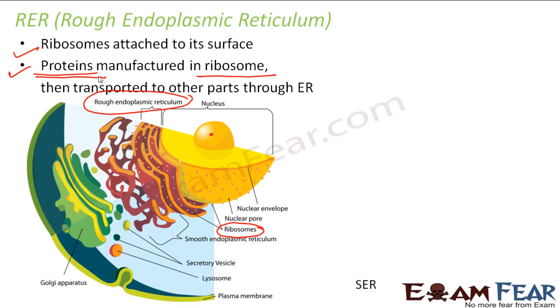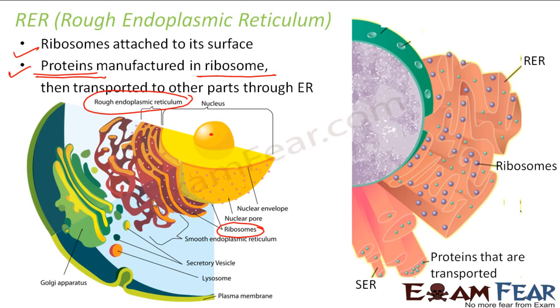So these ribosomes are attached on the surface of rough endoplasmic reticulum. These ribosomes will produce proteins, and these proteins will be carried to other parts of the cell through the endoplasmic reticulum, with the help of smooth endoplasmic reticulum as well. Here you can see this is the rough endoplasmic reticulum. It has ribosomes, these blue colored structures. Now these ribosomes will produce proteins.